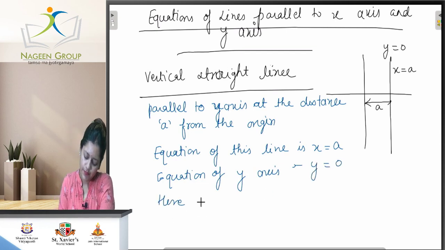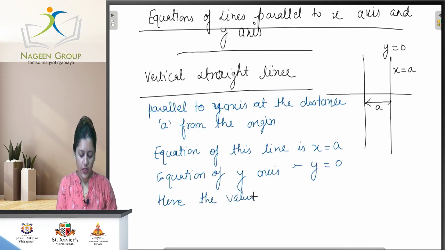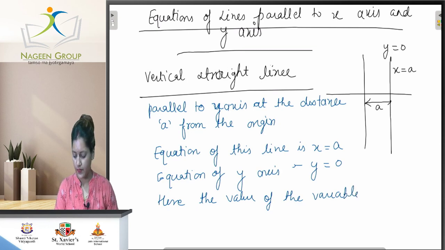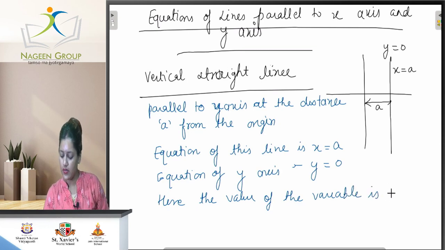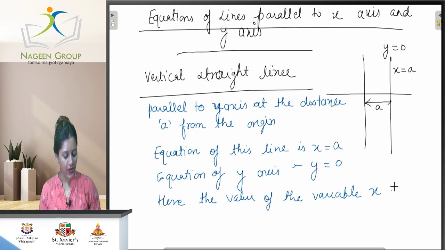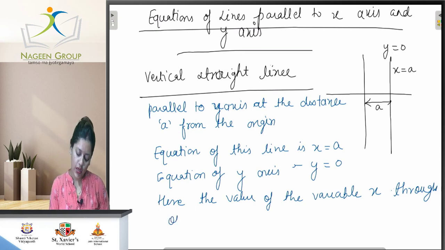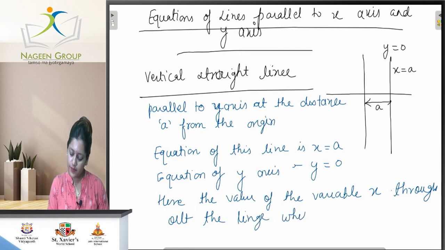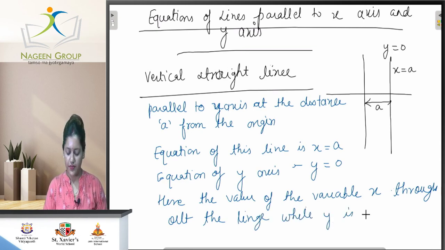Here the value of the variable x is constant throughout the line, while y is varying.